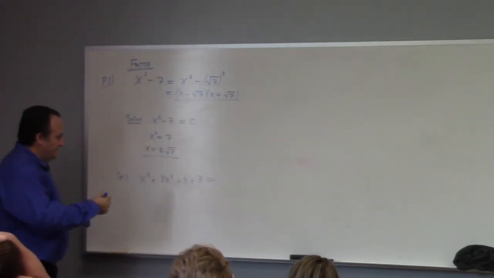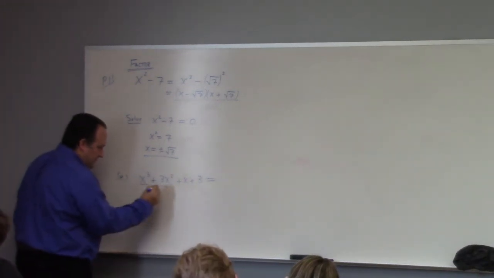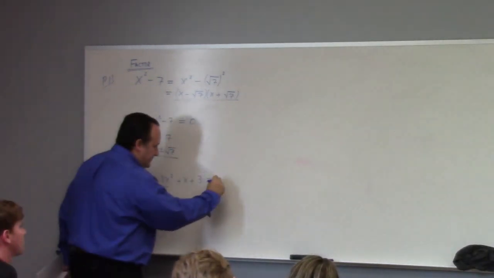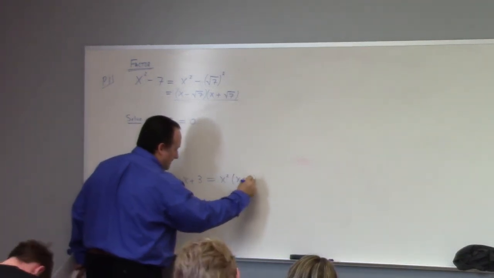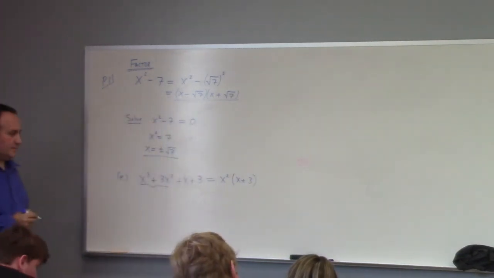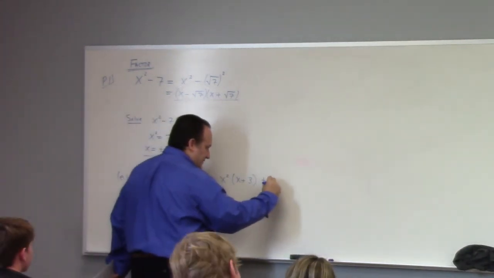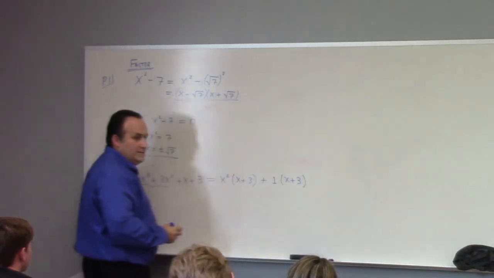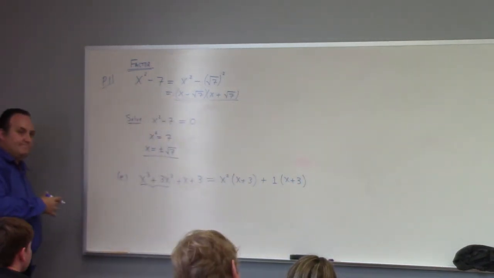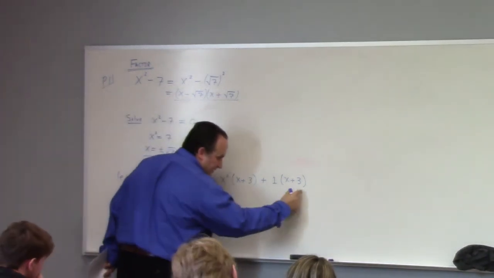Anyway, so this one here, we look at these first two, and I can factor x squared out. And then I still have this, right? So I'm going to rewrite it suggestively like this. This is 1 times x plus 3. The reason I wrote that is so now you can see we have a common factor of x plus 3 here and here.